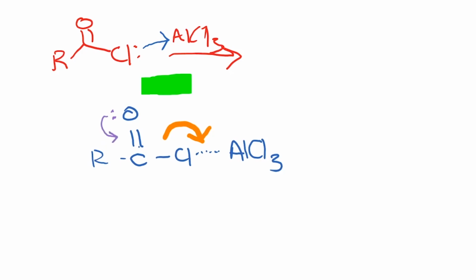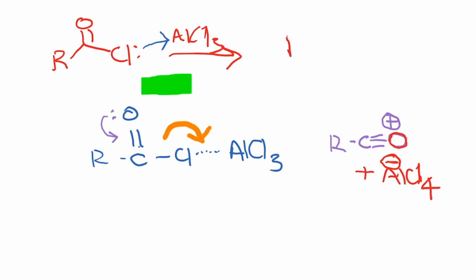So if you write out the product that is formed, you will get R C triple bond O with a positive charge, and you would get AlCl4 minus. This is the kind of intermediate that you start producing, and therefore RCOCl in the presence of aluminum chloride is going to generate a highly reactive electrophilic species, which is RC triple bond O plus.